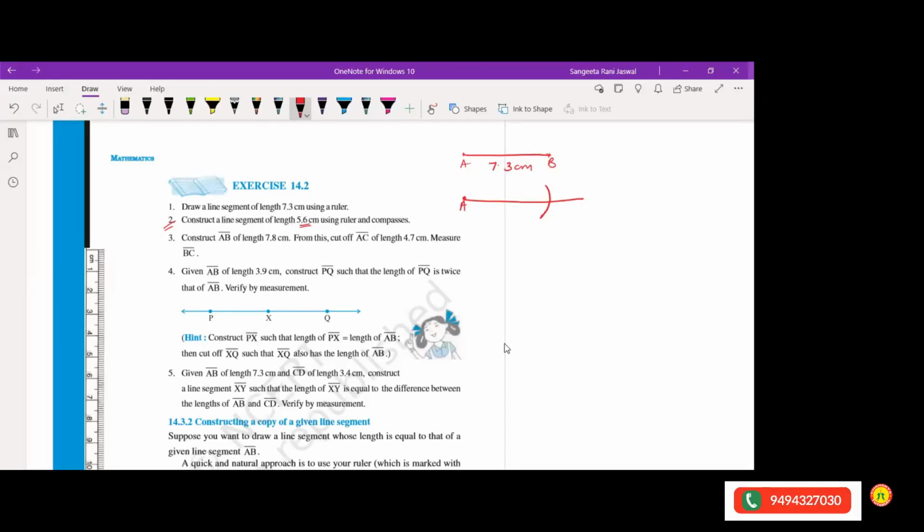When you observe, it will be 5.6 centimeters from point A to this point B, where the arc cuts the line. This point is called B. So the line segment formed will be 5.6 centimeters. I got it, ma'am. Children, I hope you are understanding this. Is anything understood?